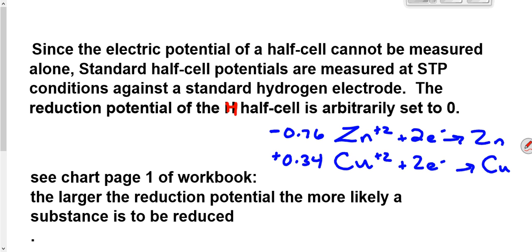What we know is if we compare these two numbers, the one with the higher reduction potential is the one that is more likely to attract electrons to its ion to form its metallic form. The other element involved is more likely to push its electrons off of itself and become oxidized.